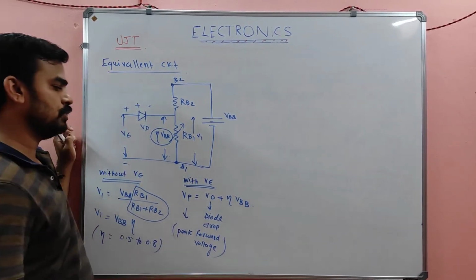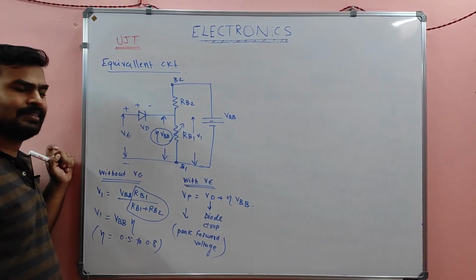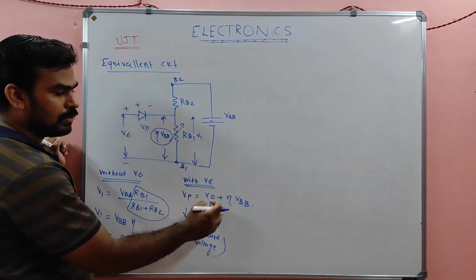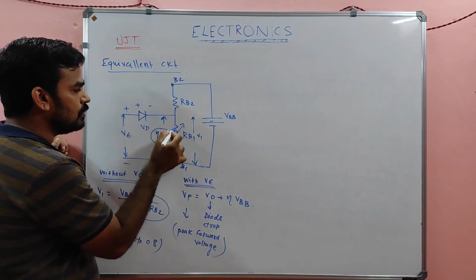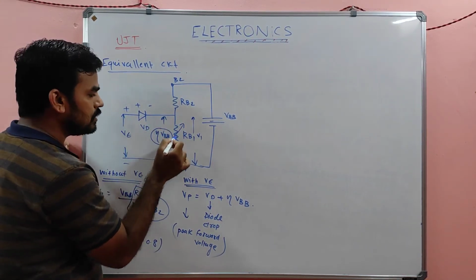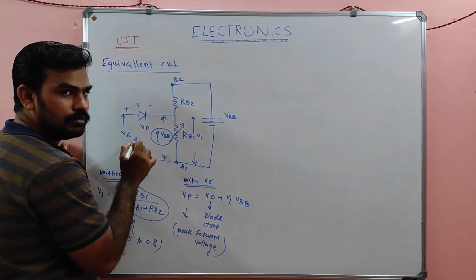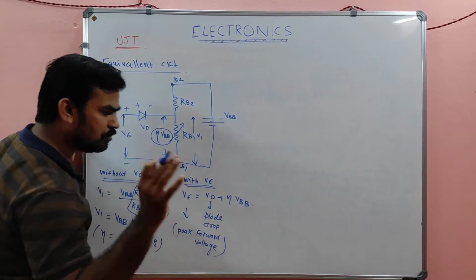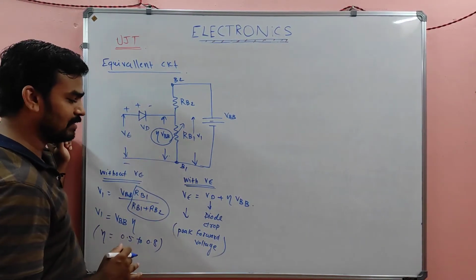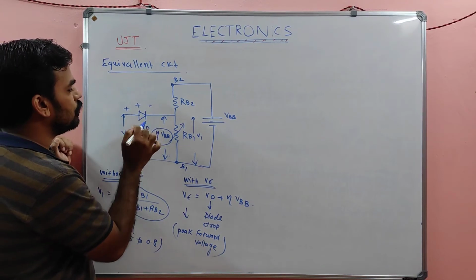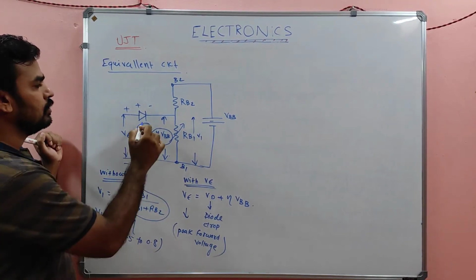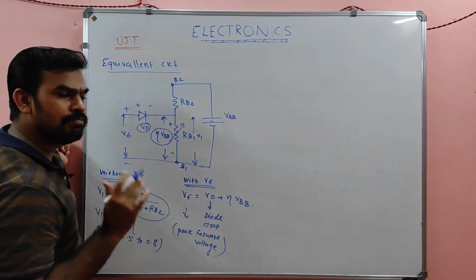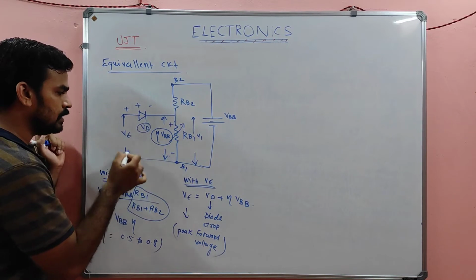So this peak voltage VP will be equal to, whenever we apply VE, what will be the total? Apply KVL in this loop, that's all. VE will be equal to a small voltage VD plus eta VBB. Simple, you just apply KVL here.